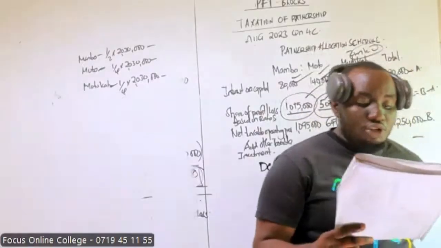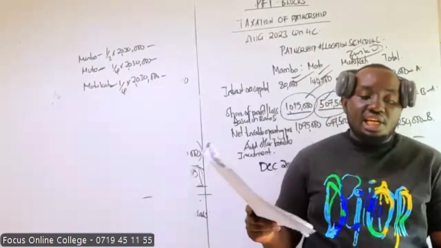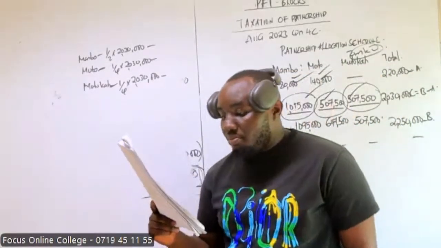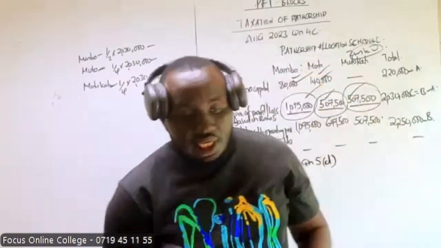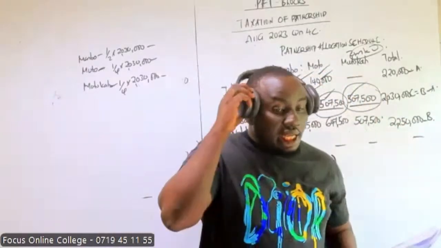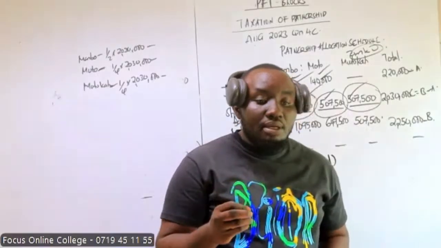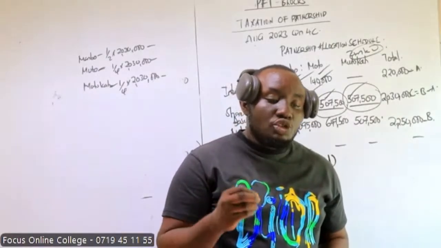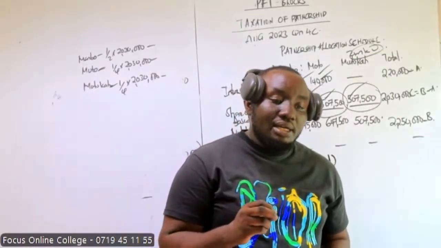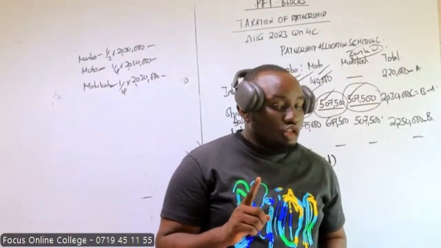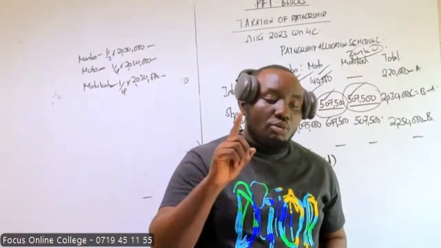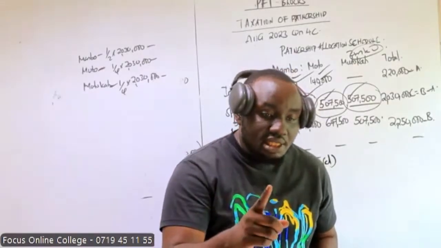So the next we have what's called dividend income, and that is a gross figure. Dividend income is also an investment income. But remember, not all dividends are taken to the allocation schedule.